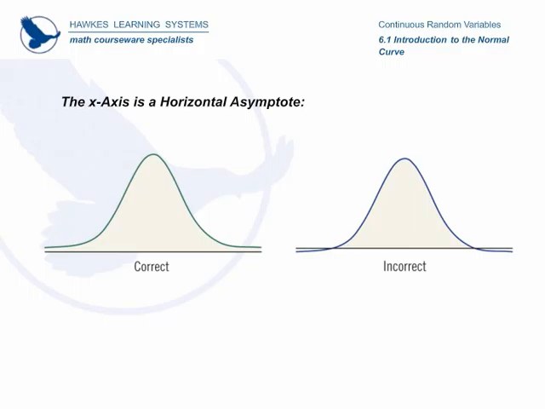The visual display on the right indicates that it is incorrect. We don't have a horizontal asymptote, as you see that the tails of the curve cross the baseline, indicating this is not a representation of a horizontal asymptote of the x-axis.